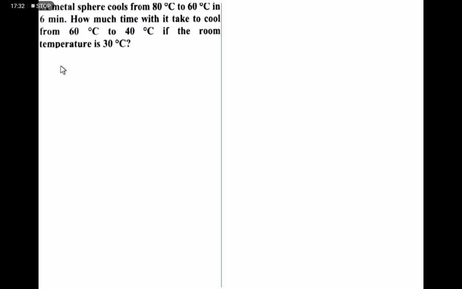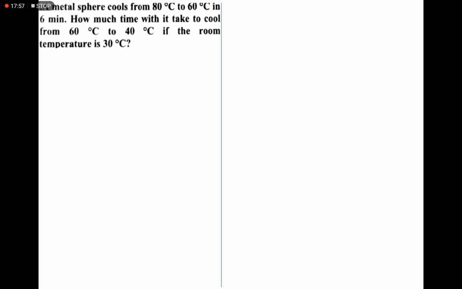Now next one is: a metal sphere cools from 80 degrees Celsius to 60 degrees Celsius in 6 minutes. How much time will it take to cool from 60 degrees Celsius to 40 degrees Celsius if the room temperature is 30 degrees Celsius?